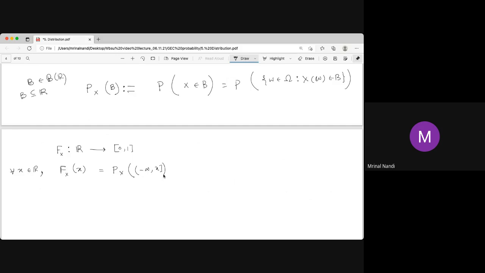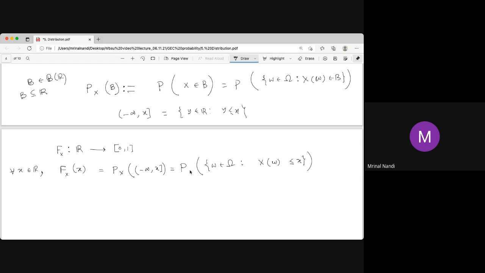You know this interval. This interval is nothing but the set of all y belonging to the real numbers such that y is less than or equal to x. So again, this is the set of all omega belonging to Omega such that X(omega) is less than or equal to x. So if someone asks what is F_X(5), that means they ask what is the probability of the set of elements omega such that X(omega) is less than or equal to 5.